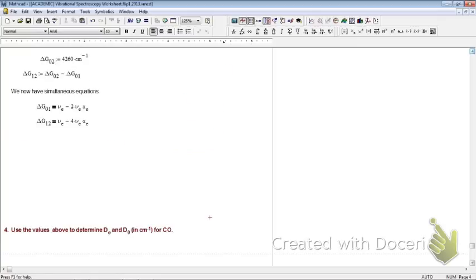Now we can use this information to calculate the equilibrium frequency, nu E, of the molecule, and the anharmonicity constant, xc, of the molecule. These equations here, corresponding to the difference between the 0, 1 and the 1, 2 levels, come from the basic equation that we derived above for the spacing between consecutive energy levels.